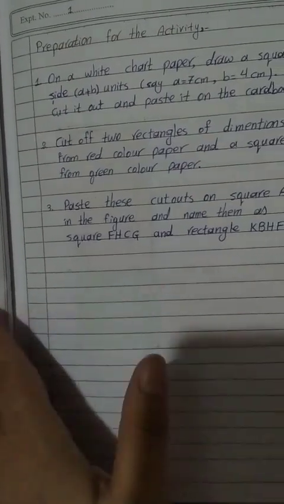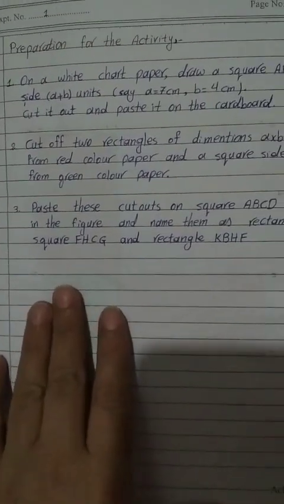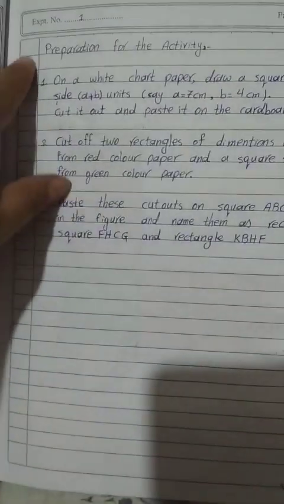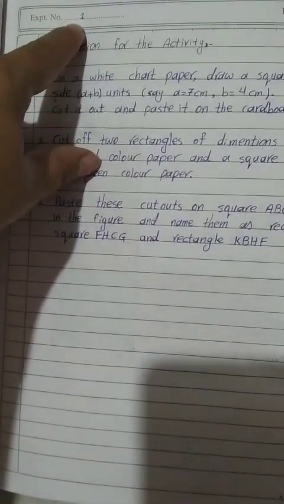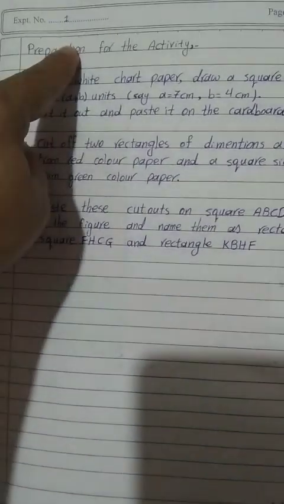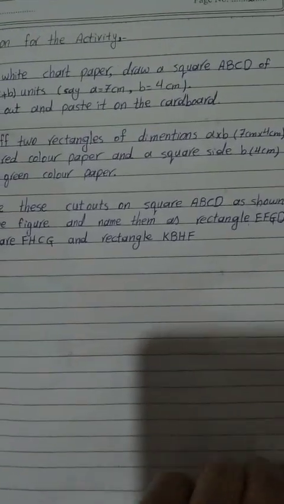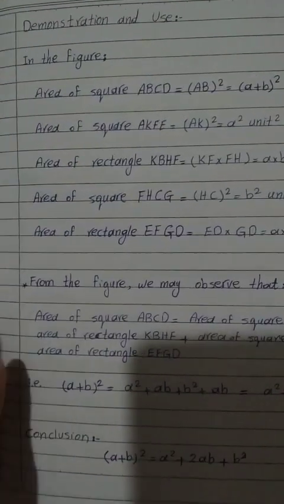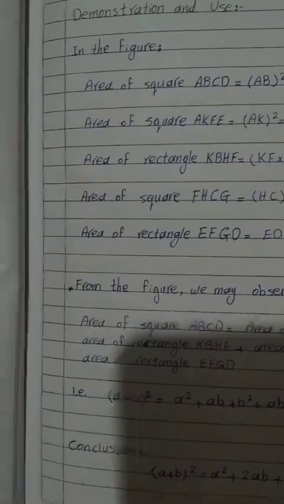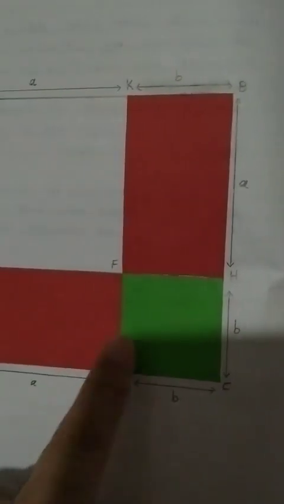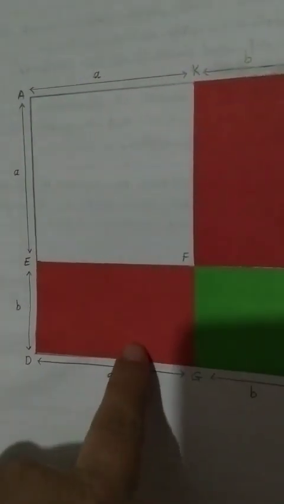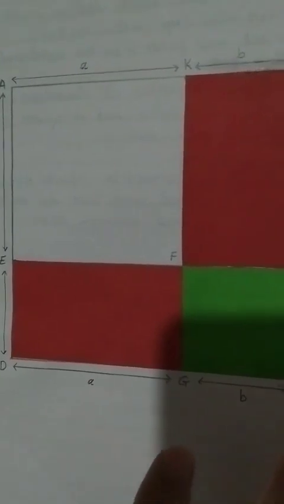You can draw this shape just behind that first page, after which comes the preparation part. For each page, you continue writing the practical name, which was 1, again is 1, and only the page number will change. Whatever shape you drew, you draw the same thing here or on a white paper, and then put color paper as it explains to you how to prepare it.